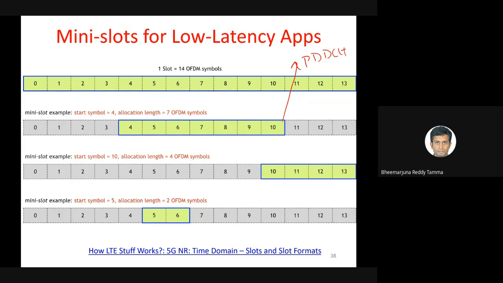Like that, we can allocate 7 or 4 or 2. That way, we can support mini slots even when we have lower numerologies with lower subcarrier spacing. It's not that you always have to go for higher numerologies to support low latency applications. So that is the point here. We have both the choices.